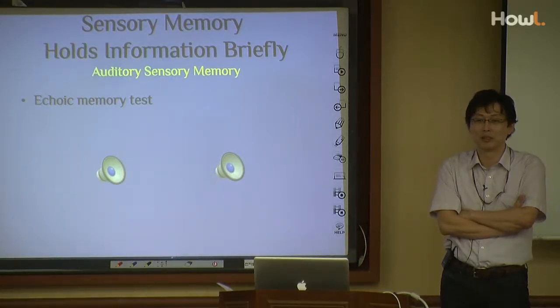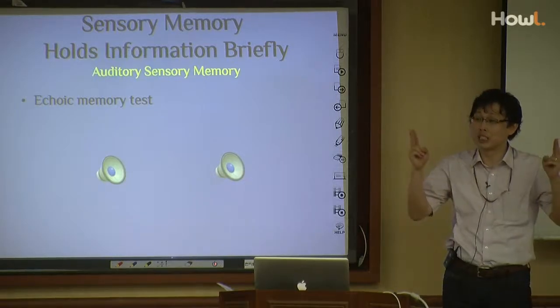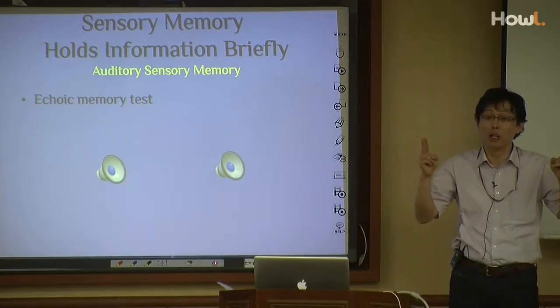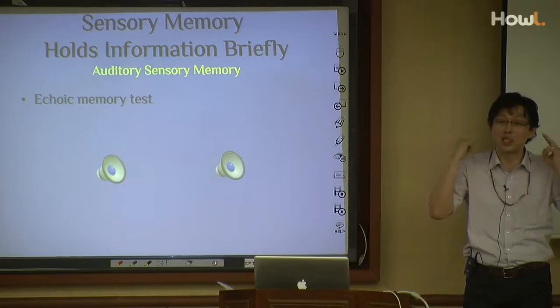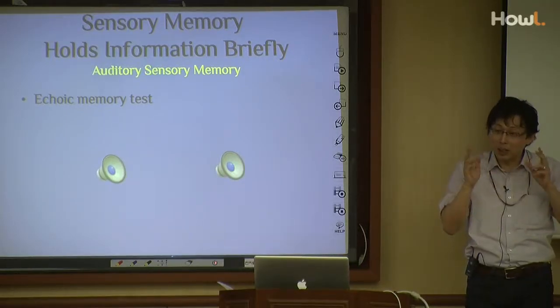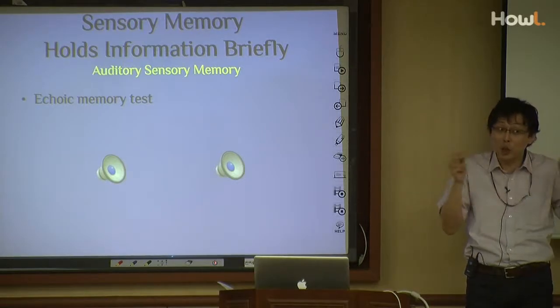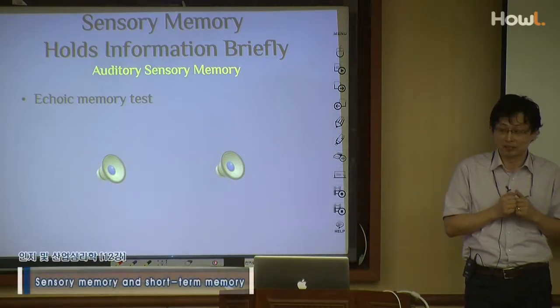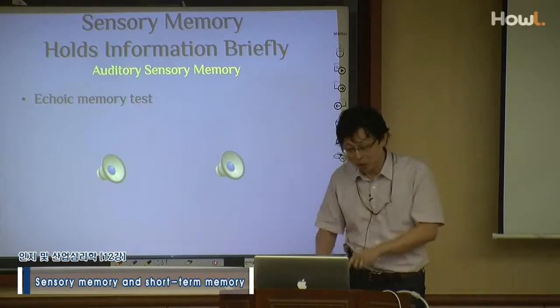Same or different? Oh, that is 20 seconds, which means you can store the information for 20 seconds in your auditory sensory memory. So that's why auditory sensory memory is much longer than visual memory, isn't it? One more?